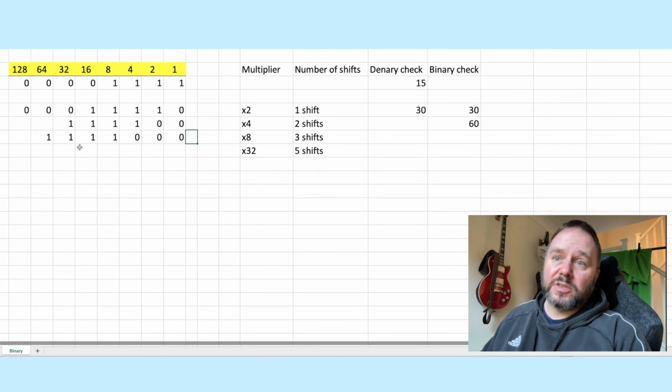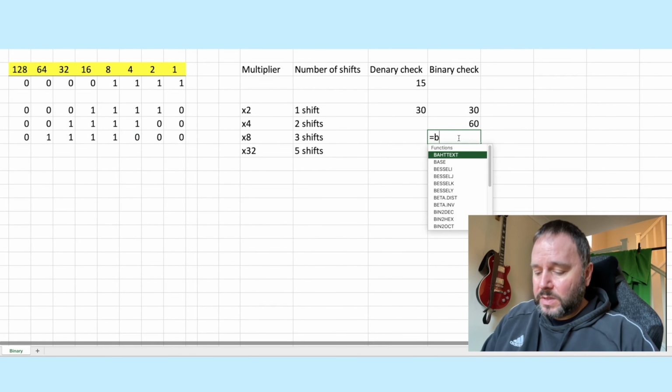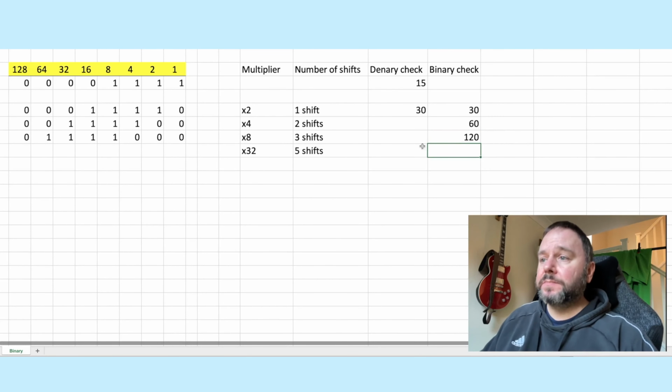Fill with zeros. I should also be putting zeros up here, and I'll explain why in a second. So we've got 4 1s and 3 zeros. So 15 times by 8, 120.